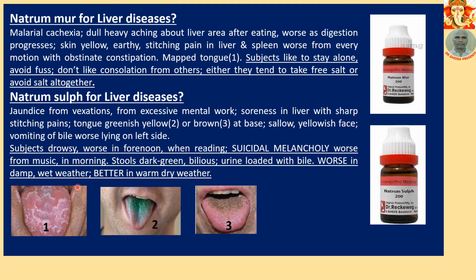Subject drowsy, worse in forenoon when reading. Suicidal melancholy, worse from music in morning. Stools dark green, bilious. Urine loaded with bile, worse in damp wet weather, better in warm dry weather. Same thing, these are general symptoms relevant to the person himself.